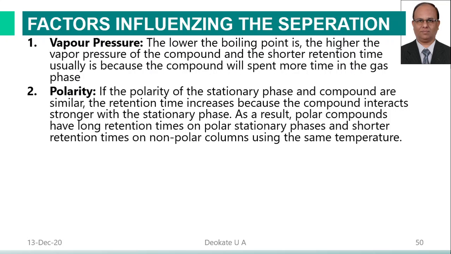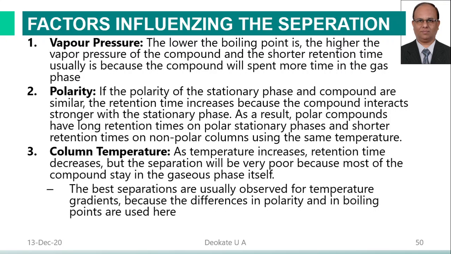If the polarity of the stationary phase and the compounds are similar, the retention time increases because the compound interacts strongly with the stationary phase. As a result, a polar compound has a long retention time on a polar stationary phase and a shorter retention time on non-polar columns at the same temperature.